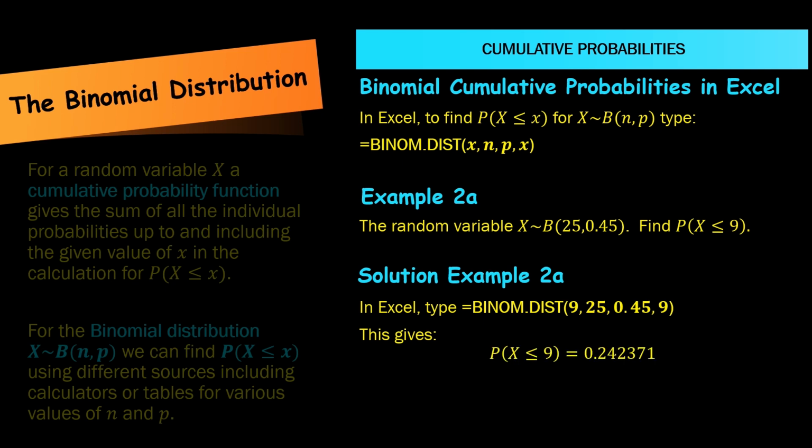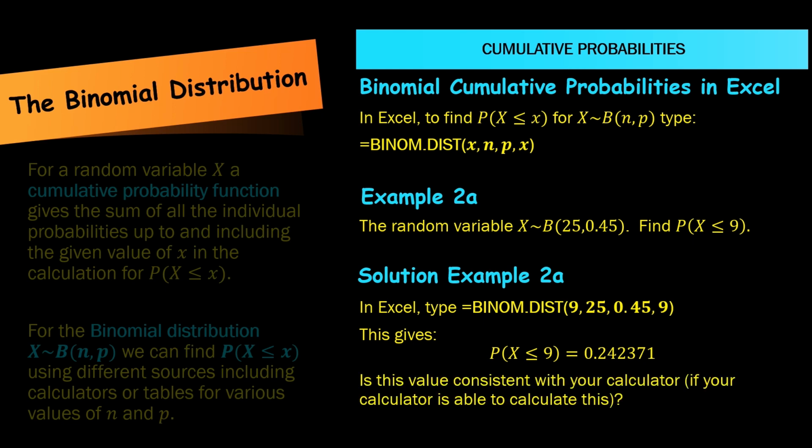This will give you a value, probability x less than or equal to 9 equals 0.242371 in Excel. See if this value is consistent with your calculator, if your calculator, of course, is able to calculate it.